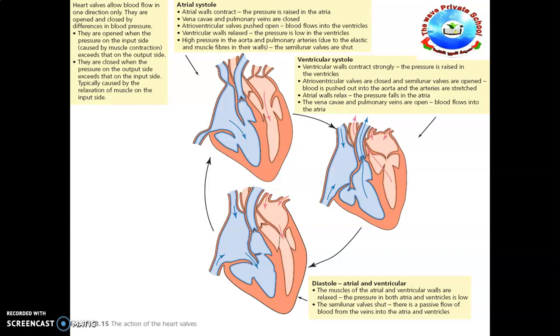So that means valves prevent blood flowing backward to the region of low pressure. So finally, the blood always flows on through the heart.